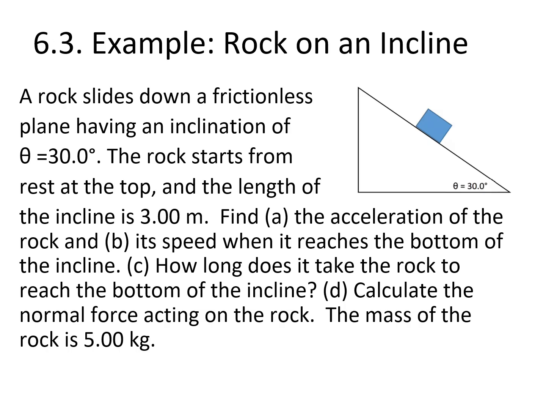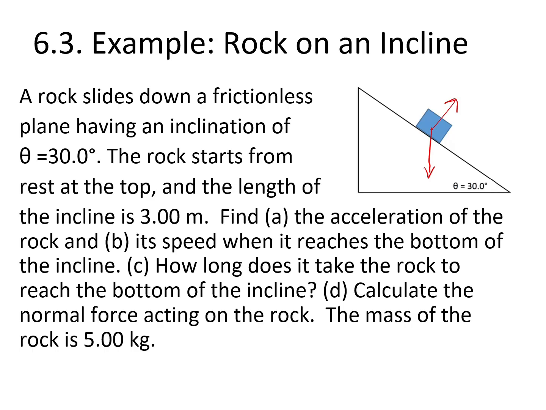Before we begin calculating, let us think about the physics. The incline is frictionless, so there is no friction force opposing the motion. That means the only forces acting on the rock are weight and the normal force. The weight points straight downward, and the normal force points perpendicular to the surface.